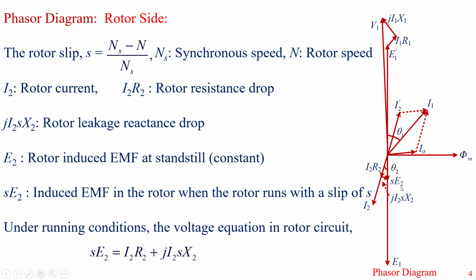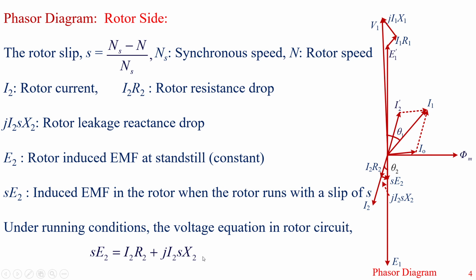The magnitude of E2 depends on stator to rotor turns ratio, and SE2 is the induced EMF in the rotor under running conditions at a slip of S. Under running conditions, the voltage equation in the rotor circuit can be given as SE2 equals I2R2 plus jI2SX2.